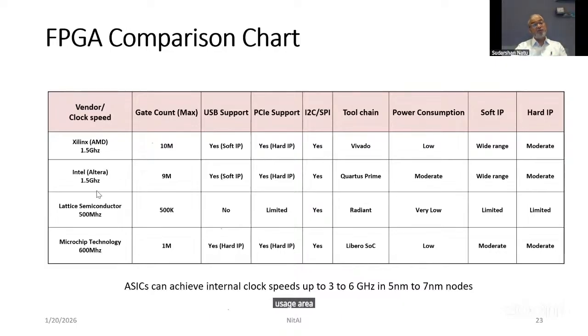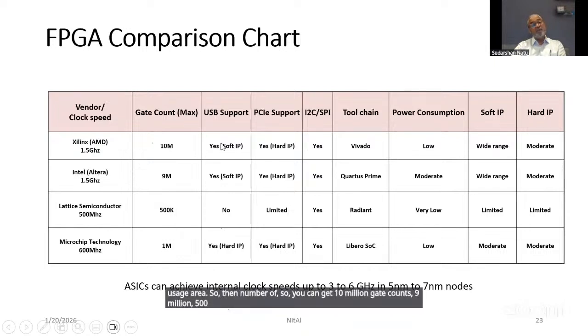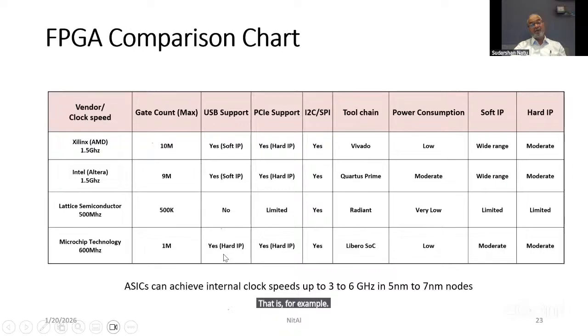So you can get 10 million gate counts, 9 million, 500k gate counts. Then, does it support USB? Yes, some of them support it in a hard way. For example, Microchip says, I will give you the USB building block directly, you don't have to do anything. Others will say it is soft IP, which we'll see slowly in the next slides. Then it gives hard IP.